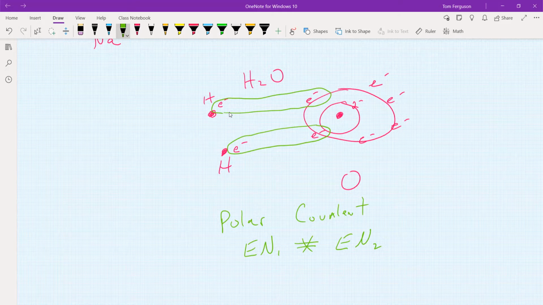So what I like to say is it's called a full shell. I'm going to call the valence orbital a shell. When that shell is maximized, it's stable. The first orbital out can only hold 2, so when there are 2 electrons in there, it's very stable. The next orbital out can hold 8 in the shell, so it's maxed out, so it's stable.